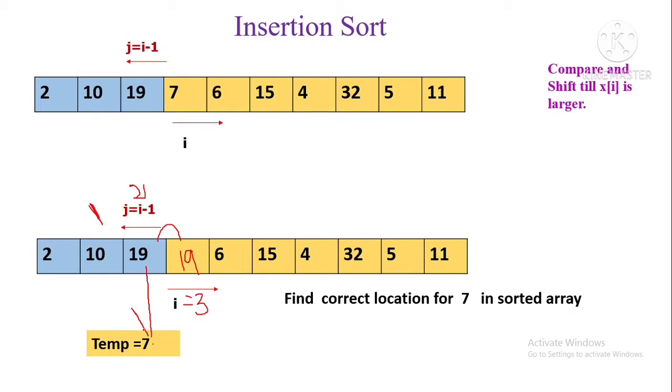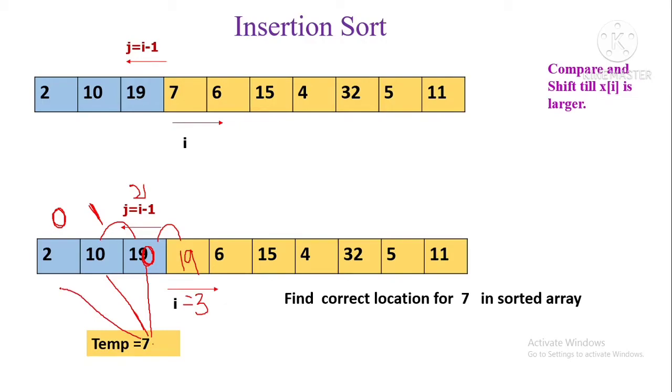Now 7 is compared with this element 10. Again 10 is larger than 7, so 10 is moved on to this position. Now again I am decrementing j's value. It becomes 0. Now again 7 is compared with this 2.